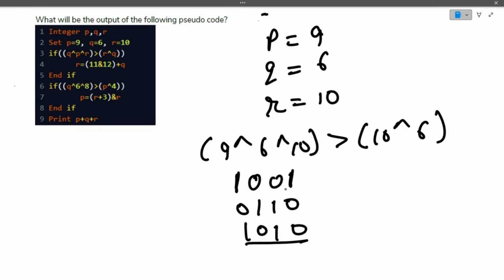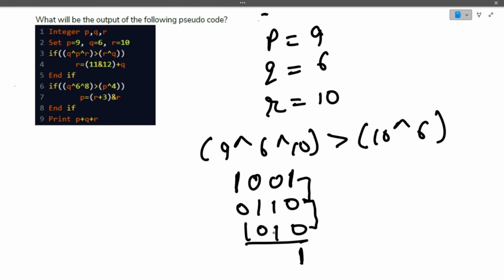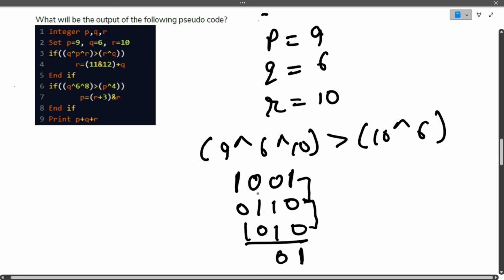We have to find the XOR. In XOR we know that the output is 1 only when the bits are different. So 1 XOR 0 will give us 1, then 1 XOR 0 again gives 1, 0 XOR 1 gives 1, and 1 XOR 1 gives 0.